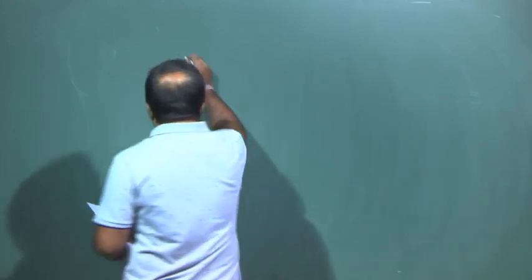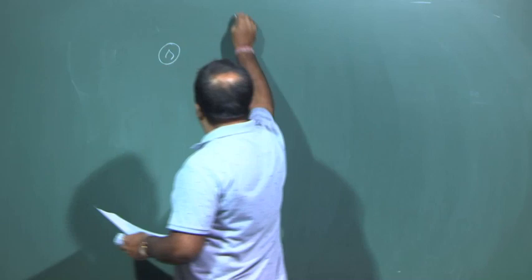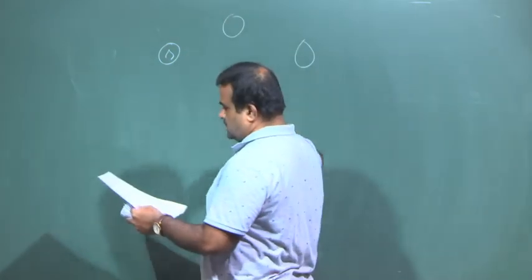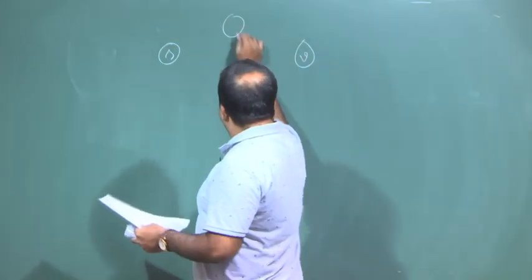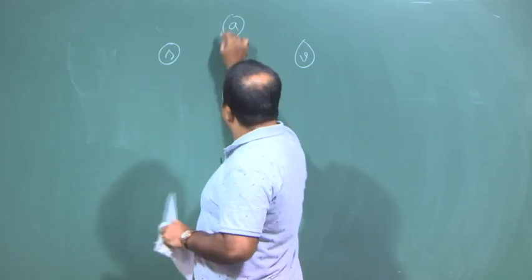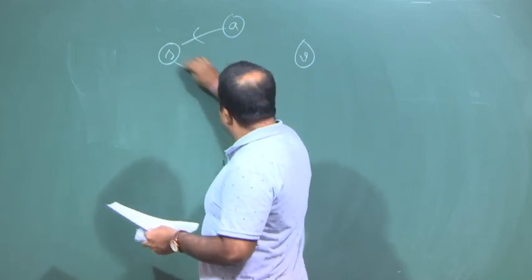Suppose we have a graph like this, S, V, A, B; these are the vertices, these are the edges.